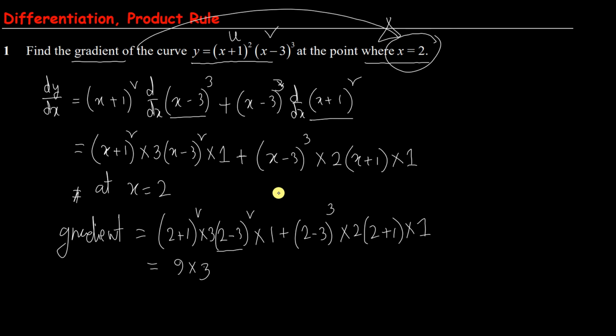The first part we got like this. Second part plus, 2 minus 3 whole cube is minus 1. Then from there we got 3 times 2, which is 6. So 27 minus 6 is 21, which is our answer. At the point when x equals 2, this is our gradient.